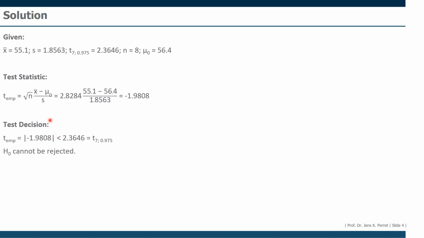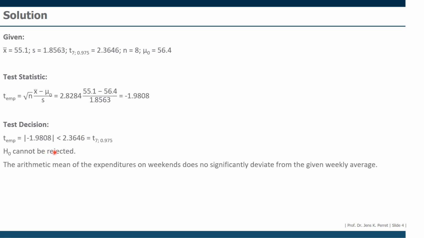H0 is the hypothesis that those two values, the arithmetic mean and the test value, are not significantly different, more or less the same. So this means, if we cannot reject the H0, that the arithmetic mean of the expenditures on weekends does not significantly deviate from the weekly given average. So this arithmetic mean does not significantly differ from this value.